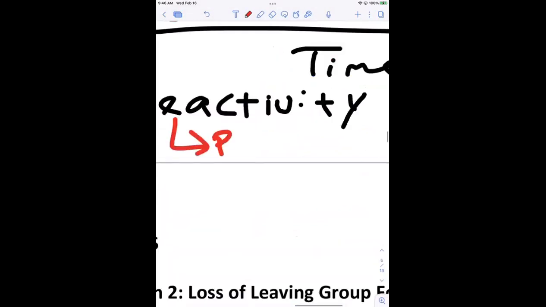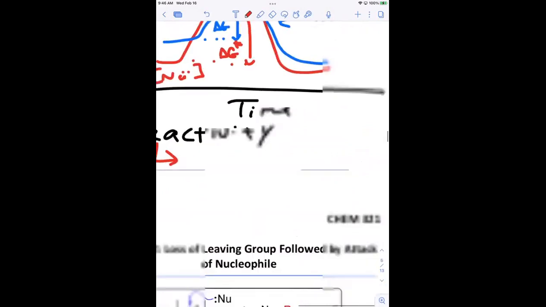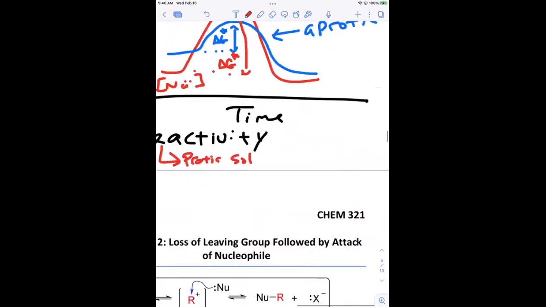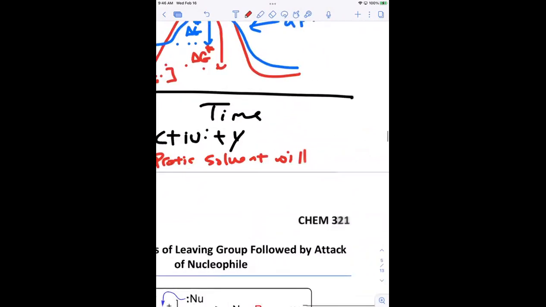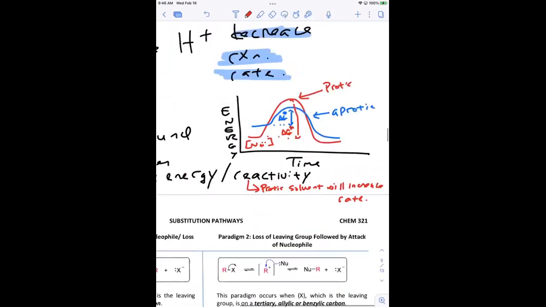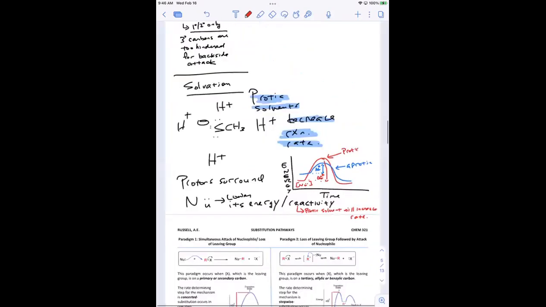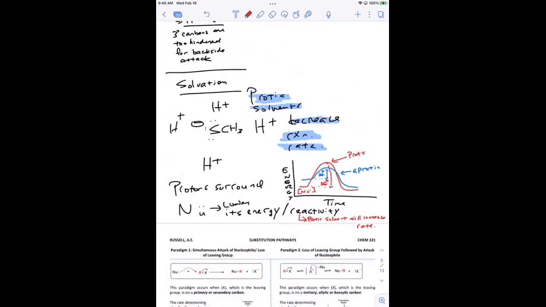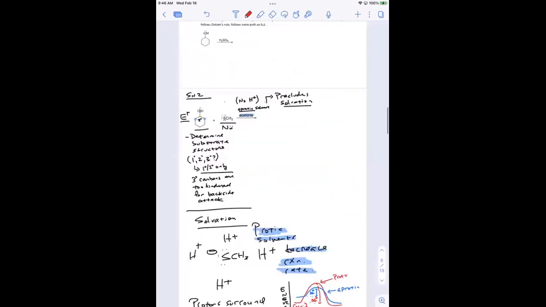A protic solvent is going to decrease that reaction rate, which is bad, right? That's going to slow it down. The higher the gap is for your activation energy, the slower the reaction is going to be.